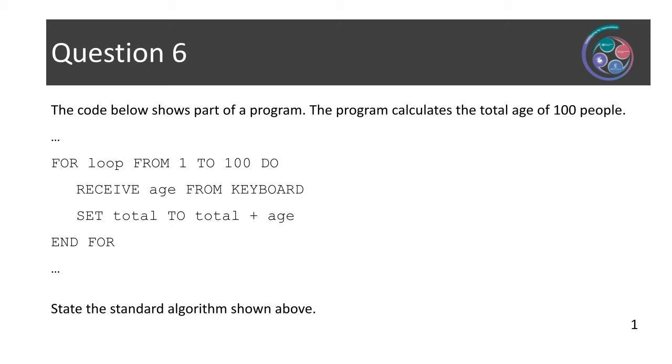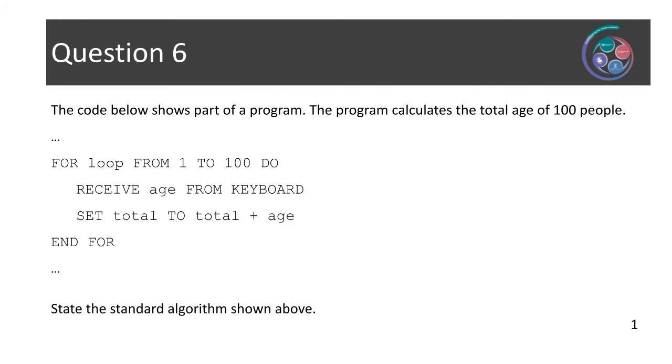The program code reads: for loop from 1 to 100 do, receive age from keyboard, set total to total plus age, end for. And then we would know the program would continue. The question then asks, state the standard algorithm shown above.